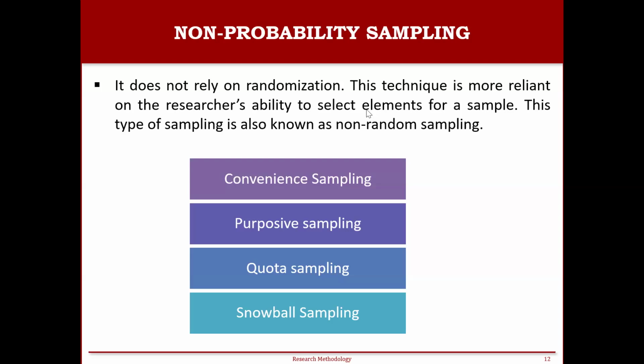This method is usually used when researchers are not focused on making generalizations to the entire population, or else when random sampling is not practical for their research studies, they move to non-probability sampling. So under non-probability sampling, again, I have listed a few techniques: convenience sampling, purposive sampling, quota sampling, and snowball sampling.